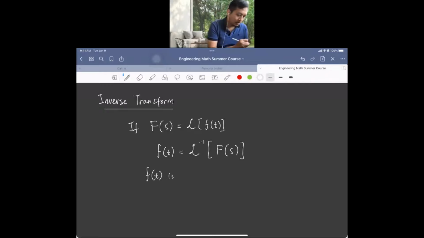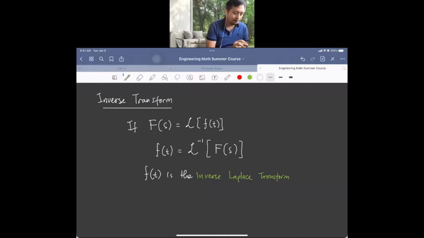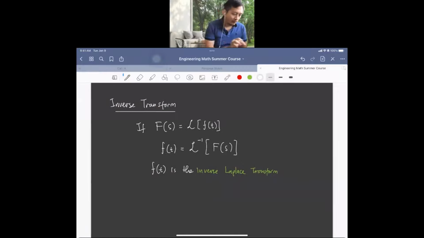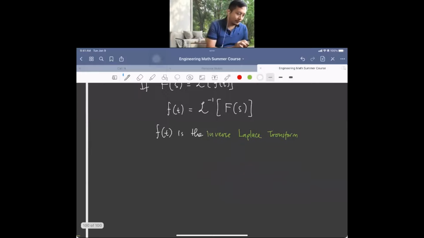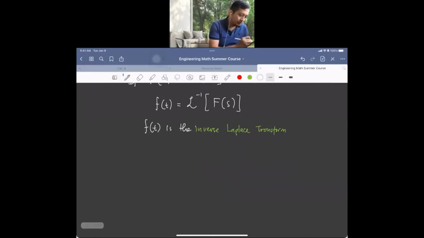So we say that f of t is the inverse Laplace transform. Remember, if we have 1, this is the inverse Laplace transform of 1 over s, right?